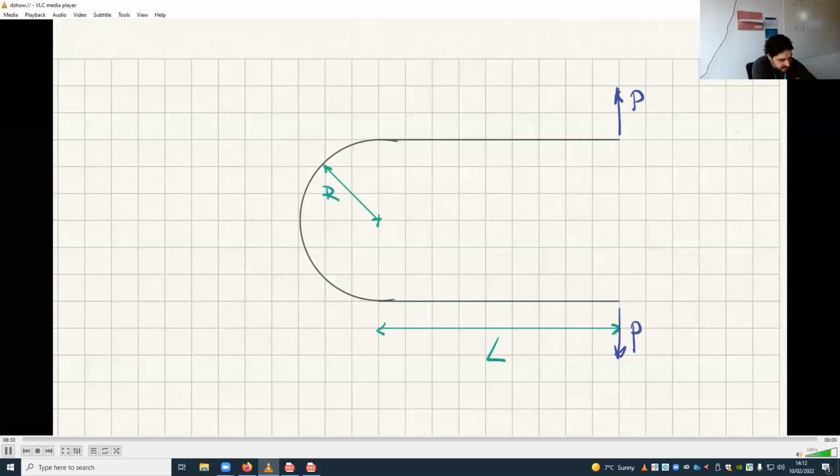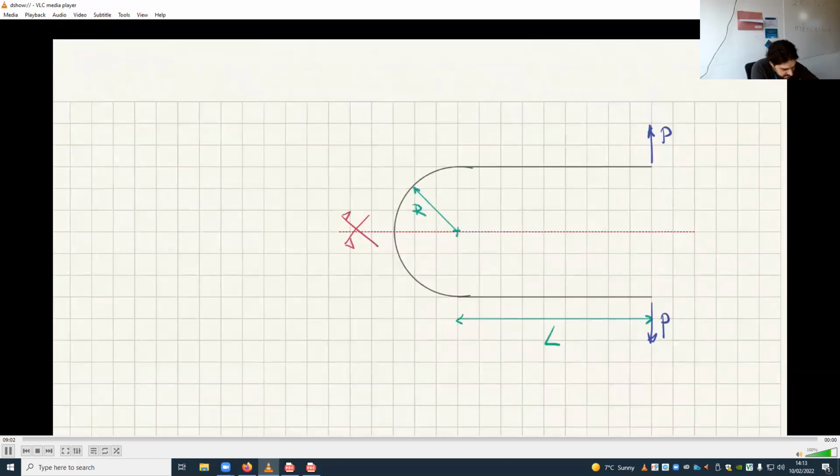Now, as you can see, this is completely symmetric along this horizontal axis. So instead of studying the entire thing, I will study half of it, and that half is the top half.